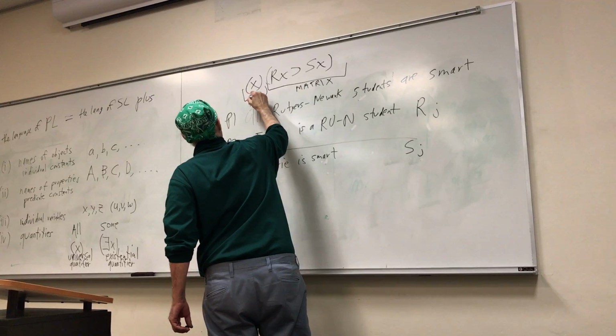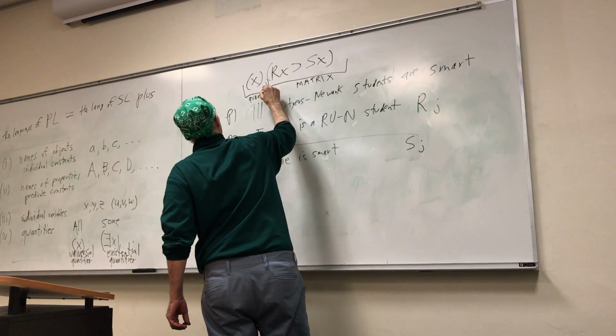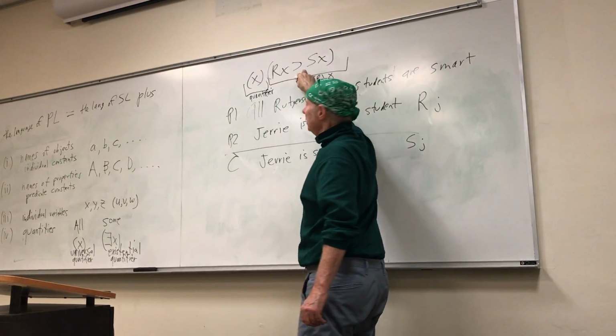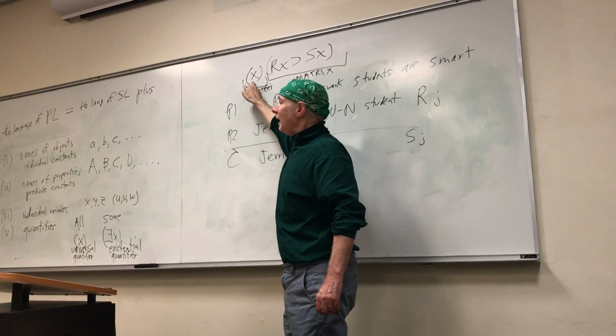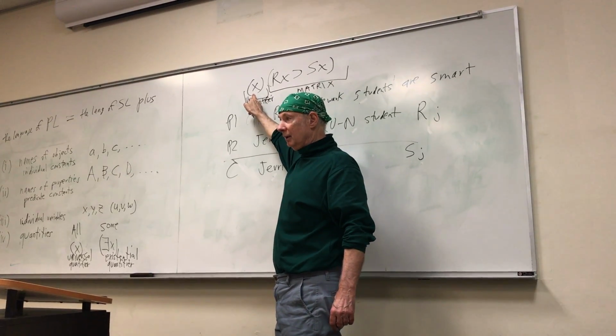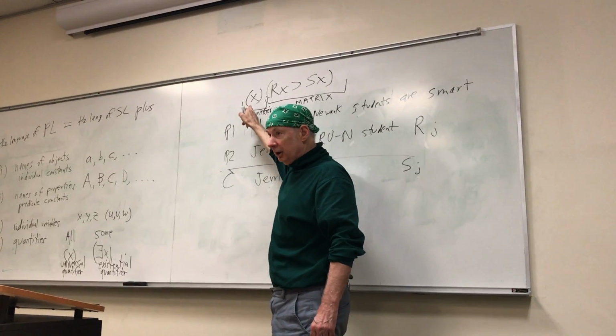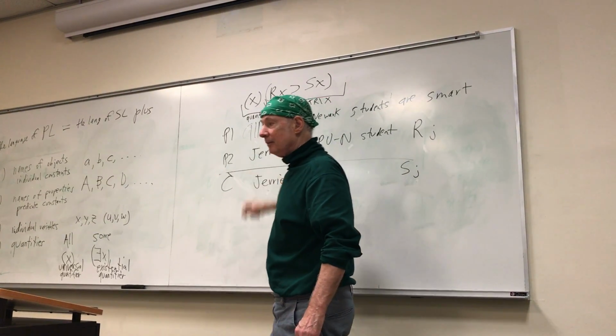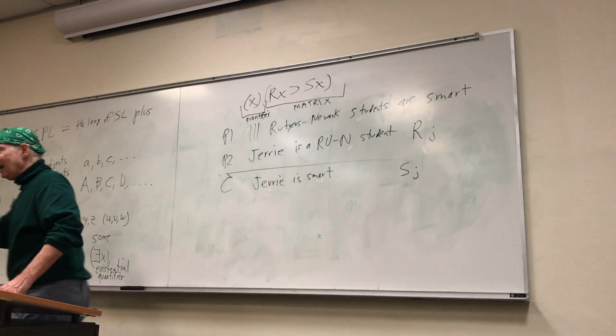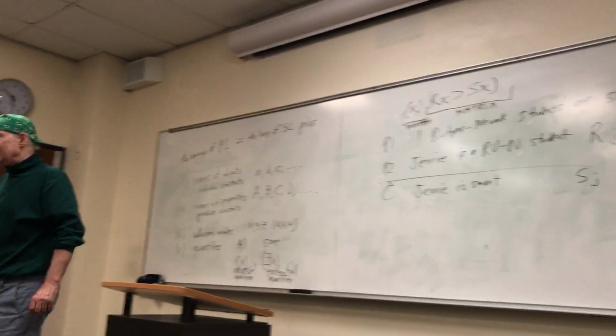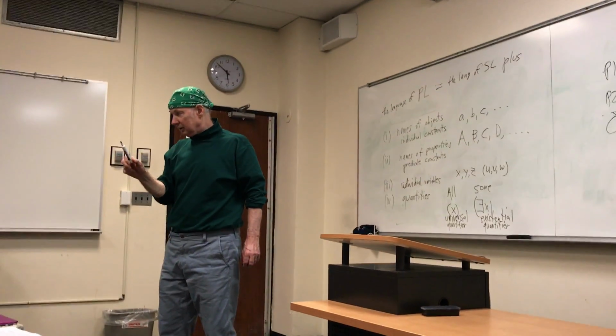And that's the quantifier. This is the property that the objects specified by this quantifier have. Every object in the universe has this property. This pen has the property that if it is a Rutgers student, then it's smart.